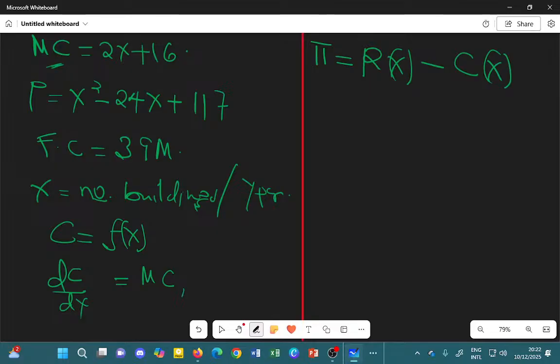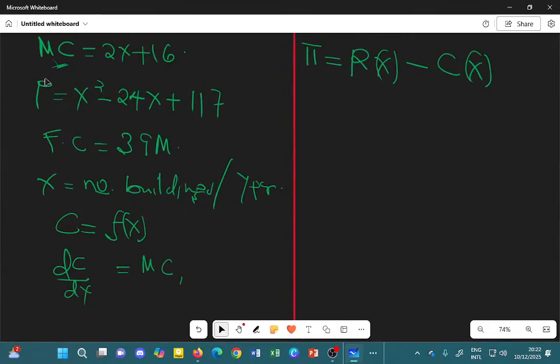So to get the cost function, we would have to integrate, because we are doing the reverse. We'll have to get the cost function from this expression here.